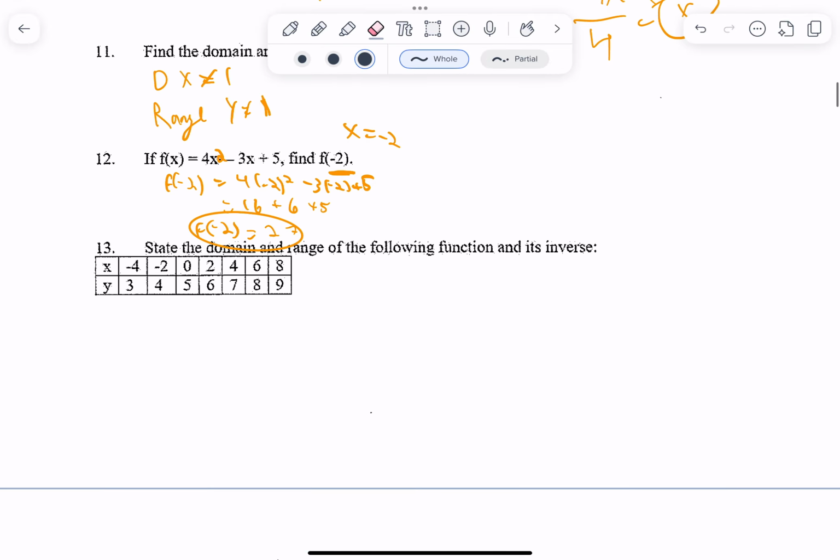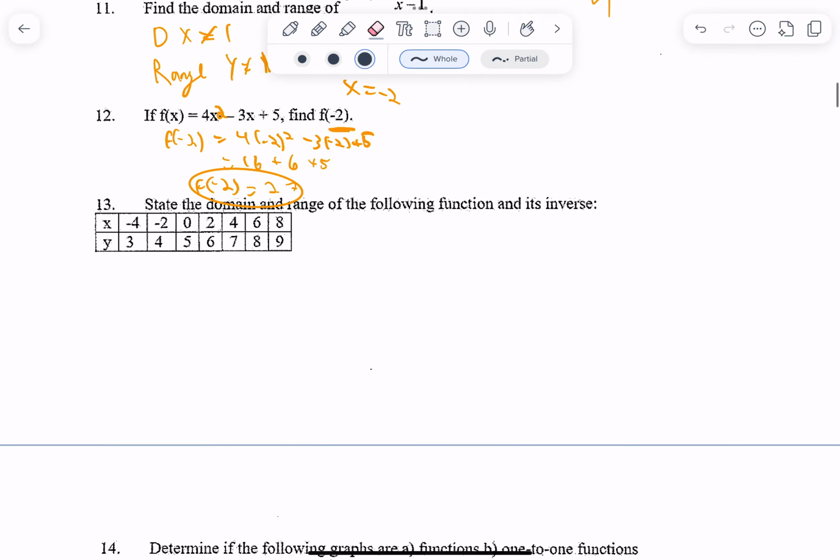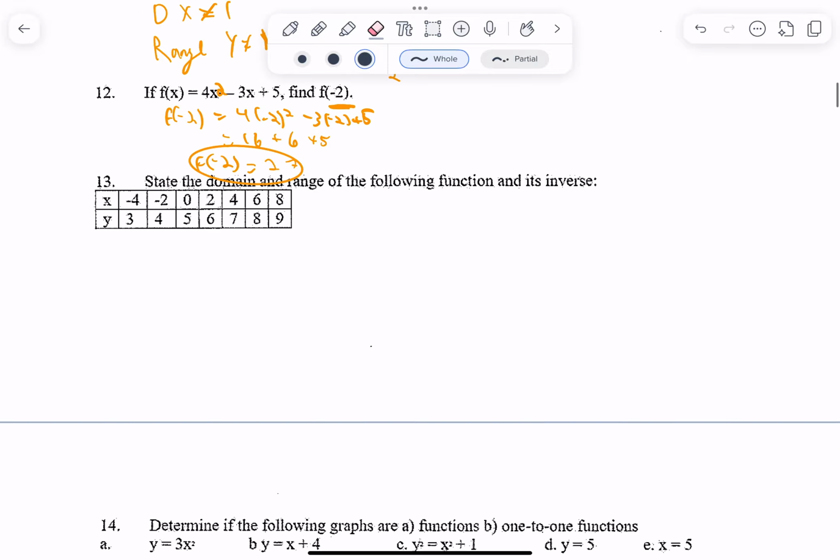Awesome. Okay, now state the domain and range of the following function and its inverse. Right.